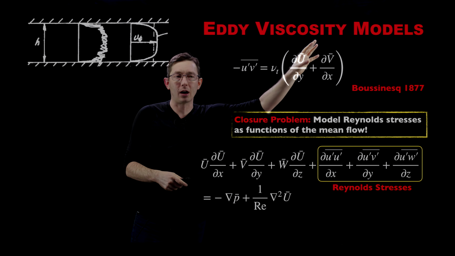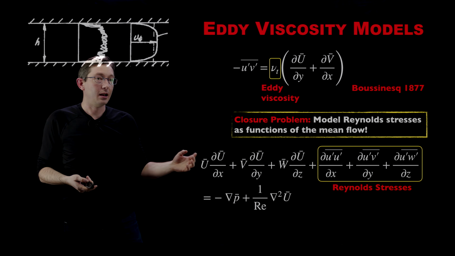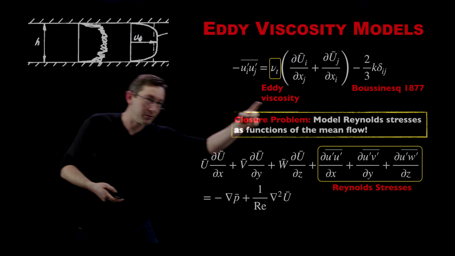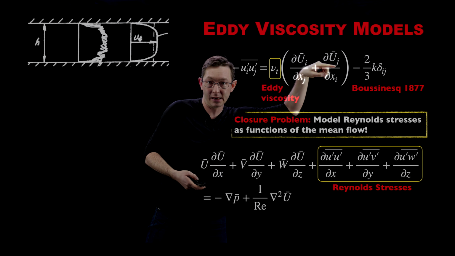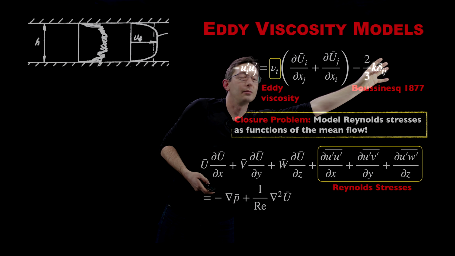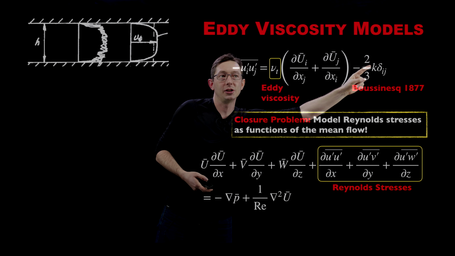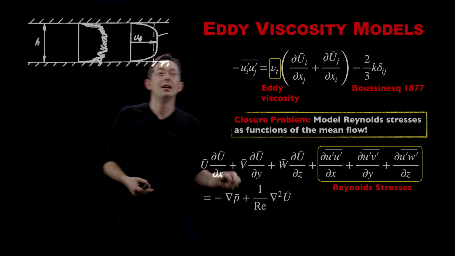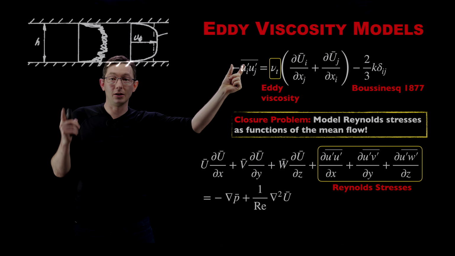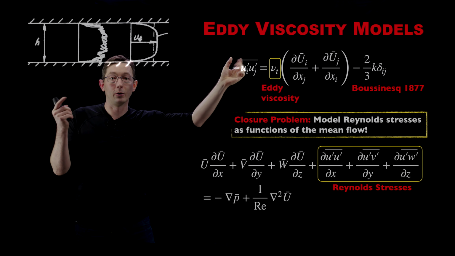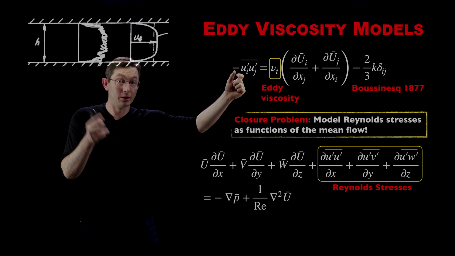And this gets a little more complicated in 3D. You can write each of these components here. And I picked up this little term, which is 2/3 the kinetic energy times the Dirac delta function, in case I want to look at the stress u1 bar, or u2 bar, or u3 bar.